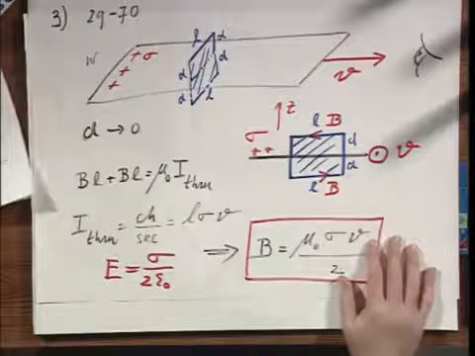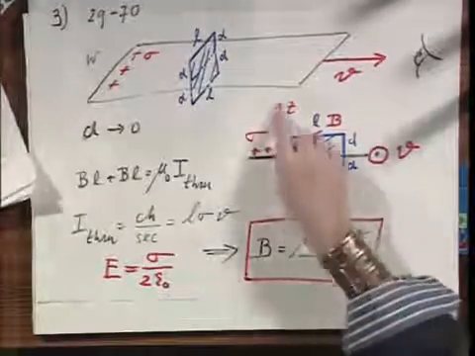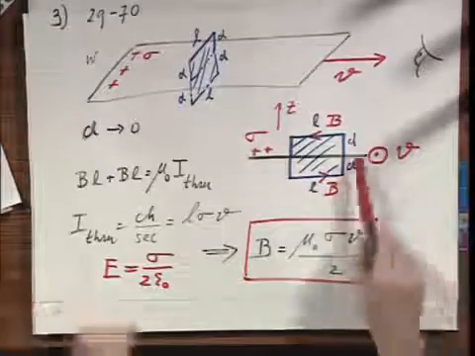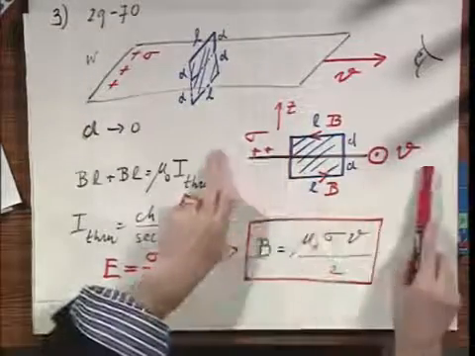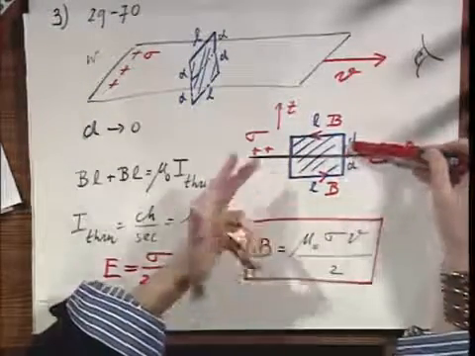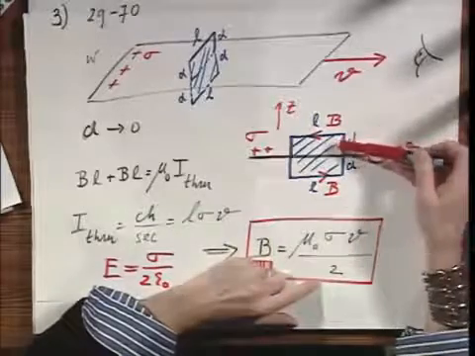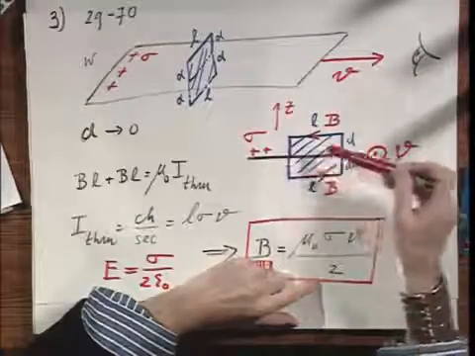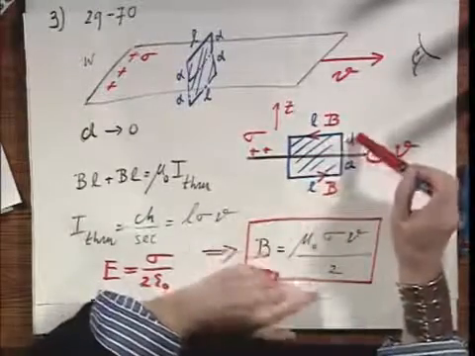Now, if you accept the fact that the magnetic field is independent of z, you could also argue that if there is a magnetic field here and if the sheet is very long, that even if d is not very small, B would always be perpendicular to dl here and here, and therefore the dot product would disappear anyhow.